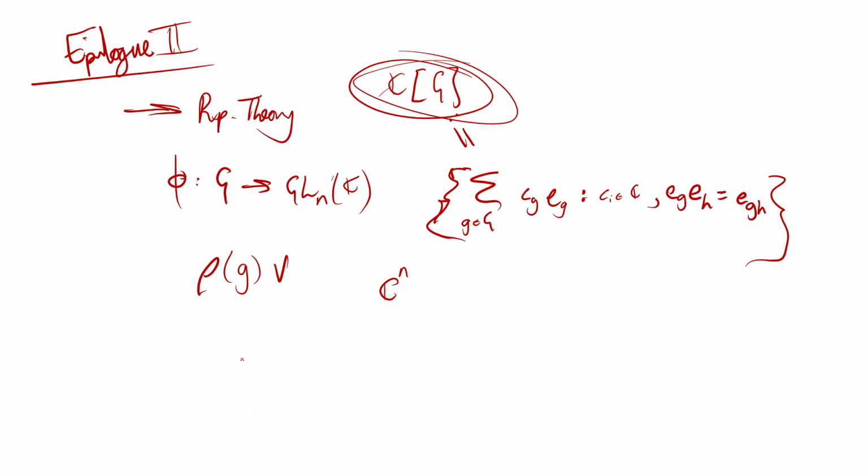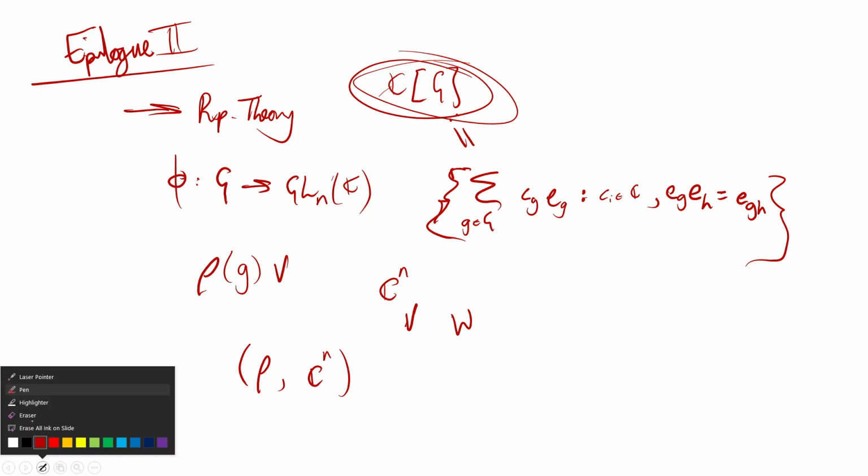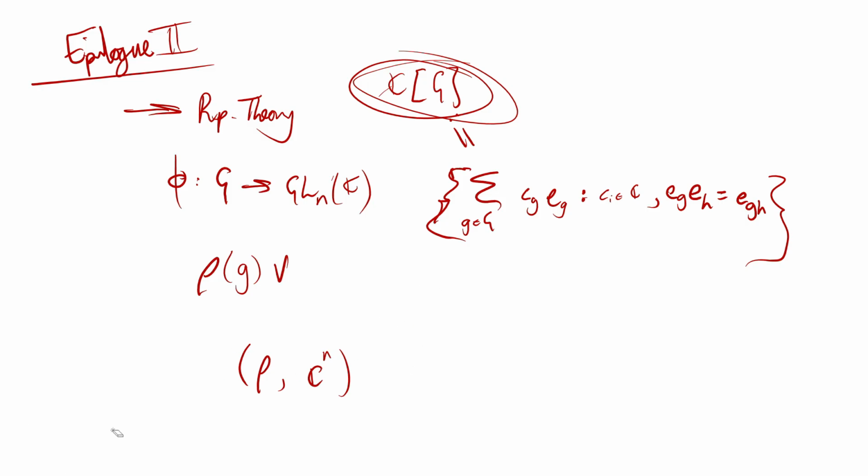So a representation of a group is some homomorphism from G into C^n, or into some vector space V or W, and the dimension of this is the dimension of the representation. But you could just as easily write it as rho from CG into C^n.